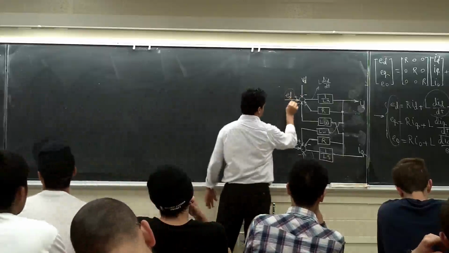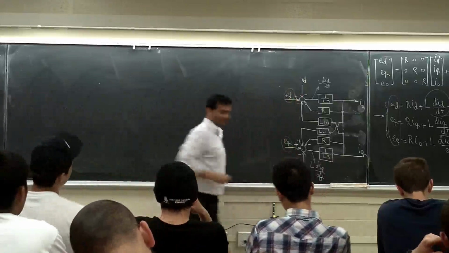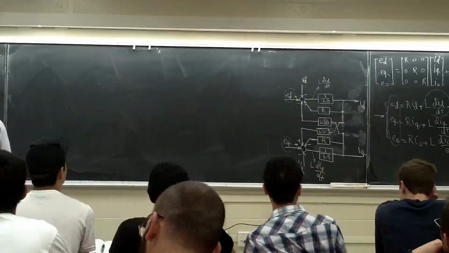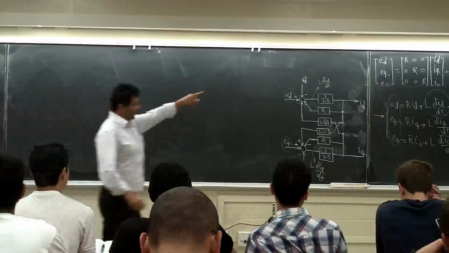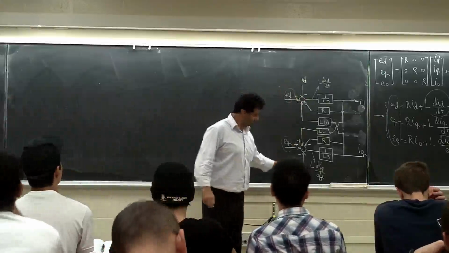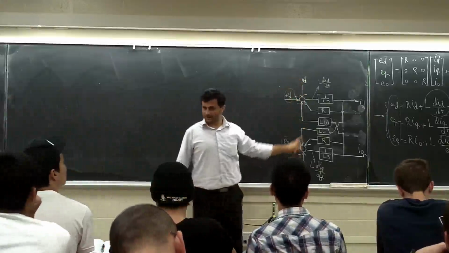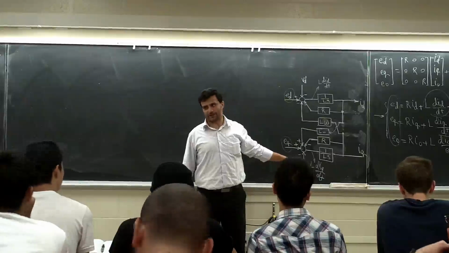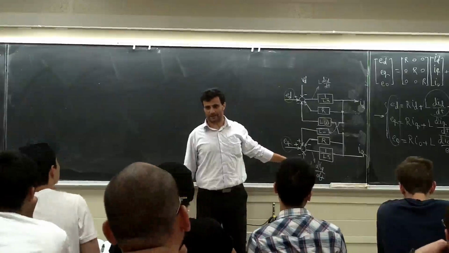What are these things? These are the output voltage of the inverter, right? And what are these things? These are the grid voltage in the DQ form. We had ABC.